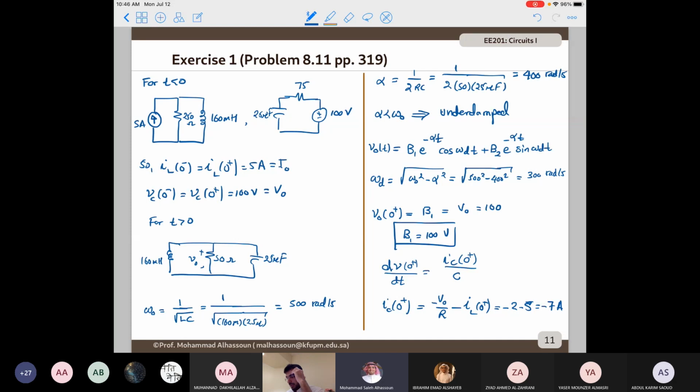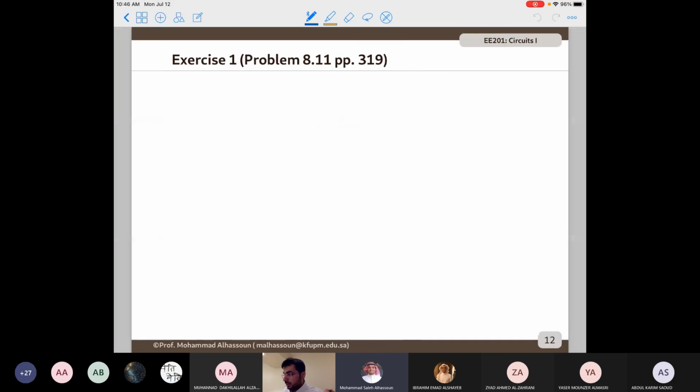Now I know the value of the capacitance, so I can easily substitute. So IC divided by C equals -7 over 25 microfarad, which equals -280 volts per second.